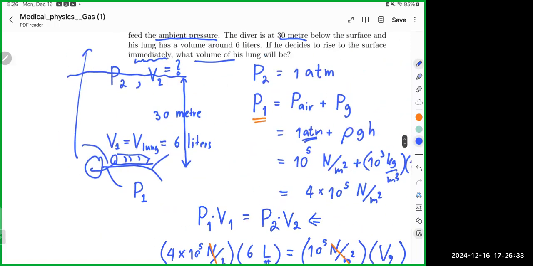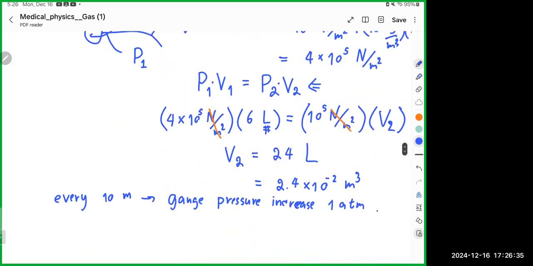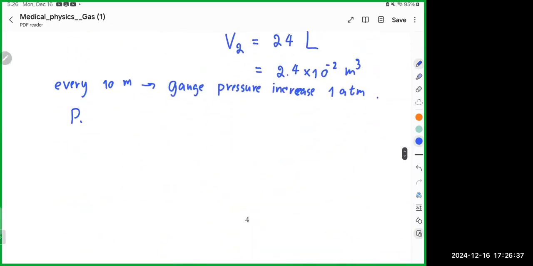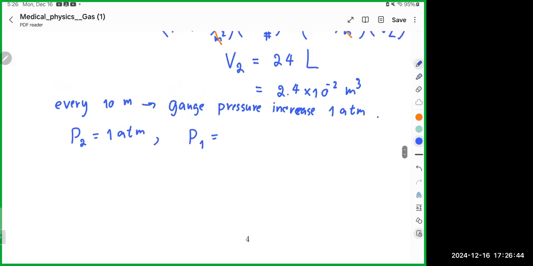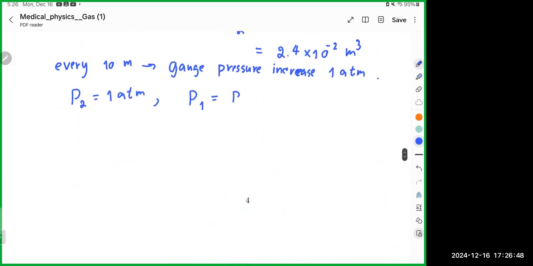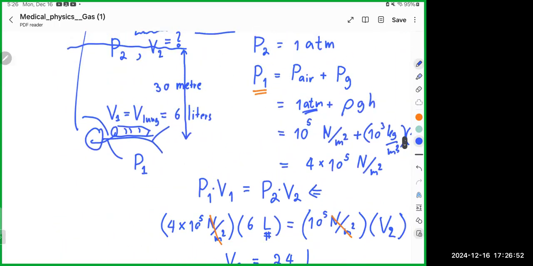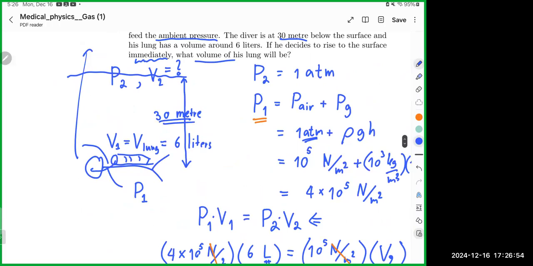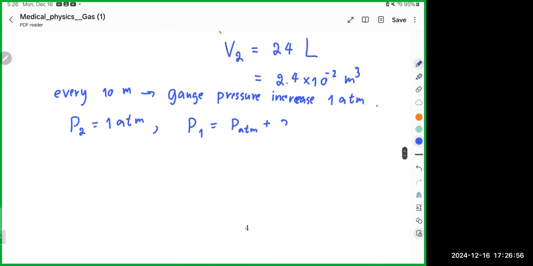So P2 equals 1 atm. Then P1 must be P atm plus what? 30 meters. 30 meters means 3 times P atm, right? It would be 4 P atm.